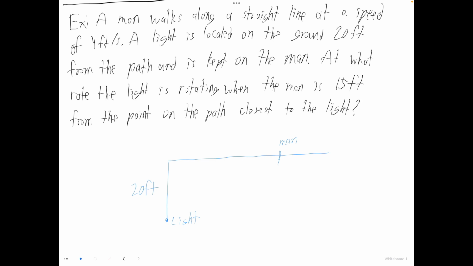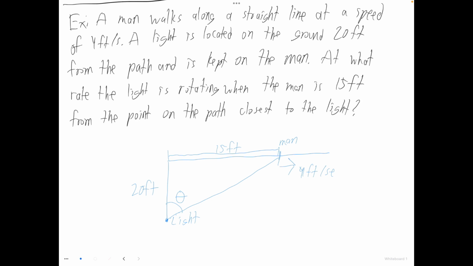And the man is moving at a rate of 4 feet per second. And so we've got this light is shining on the man, so the light has to be shining there. This angle is the angle of the light. And the man we care about when he's 15 feet away from that point. So we care about it when this distance is 15 feet.